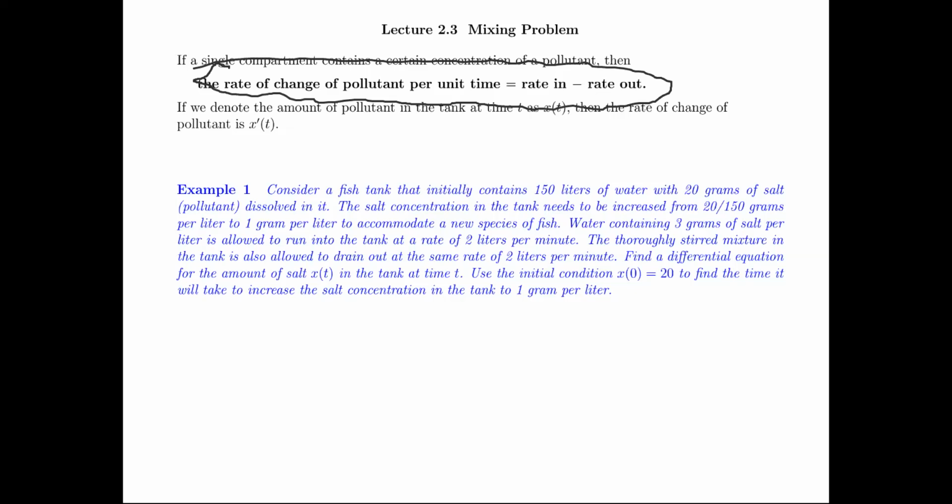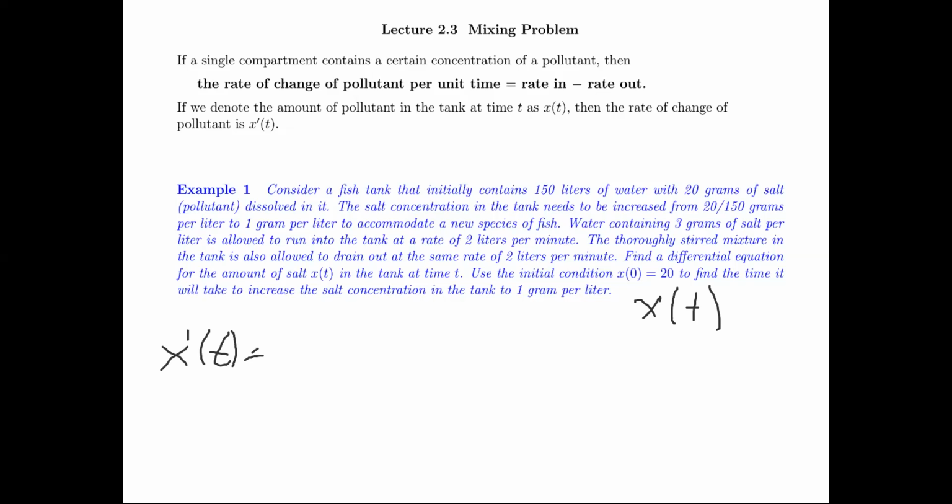The rate of change of pollutant per unit time is equal to rate in minus rate out, when x of t, again, is the amount of pollutant in the water at time t. So this gives us x prime of t is equal to rate in minus rate out.